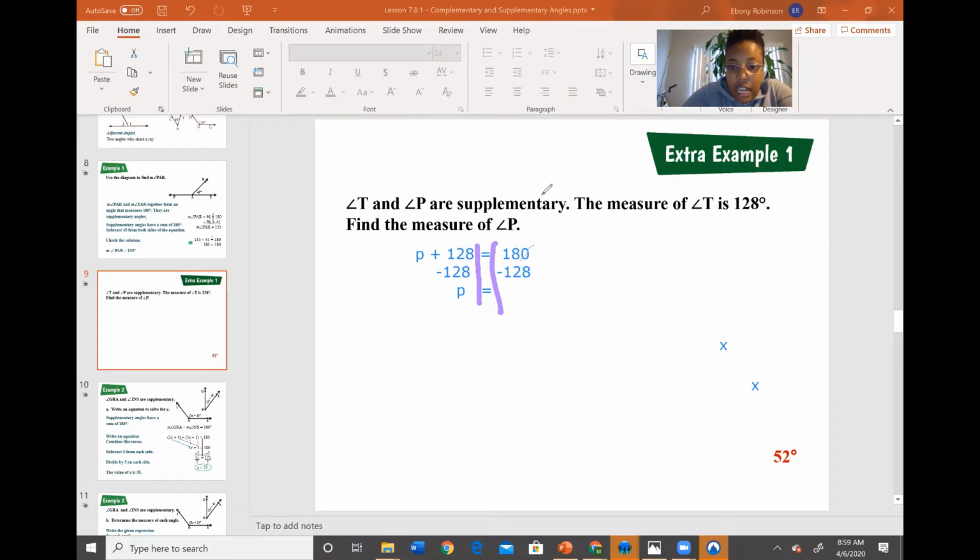I cannot take 8 away from 0, so I need to borrow. I'm going to borrow 1 from here, so that becomes a 7, and this now becomes a 10. So I can do it now. 10 minus 8 is 2. 7 minus 2 is 5. I can go back and finish writing in my stuff.